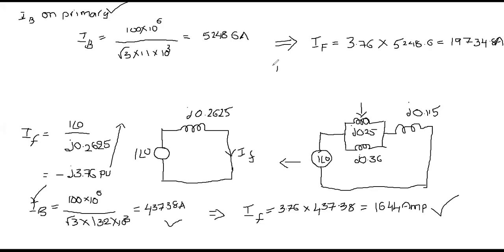Now what is IG1? IG1 is equal to the total fault current multiplied by the opposite branch impedance. The opposite branch is nothing but j0.38 divided by j0.25 plus j0.38.